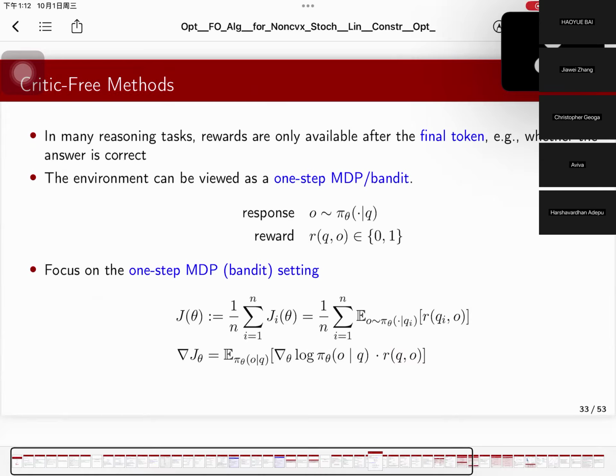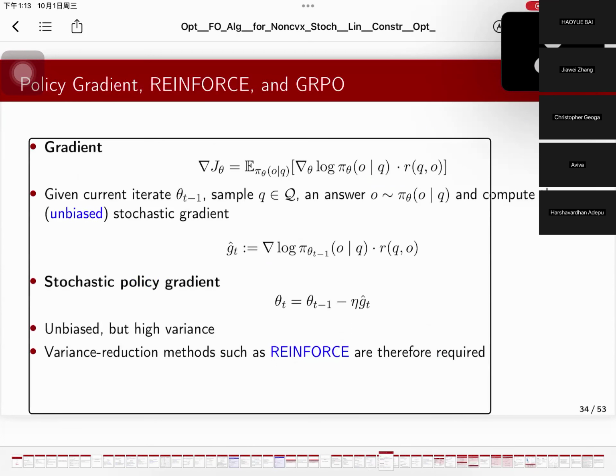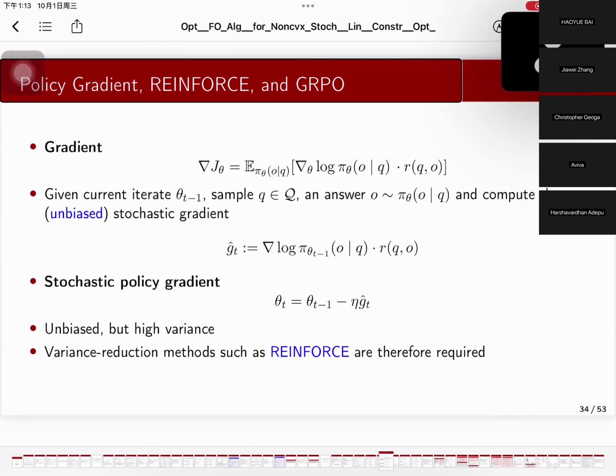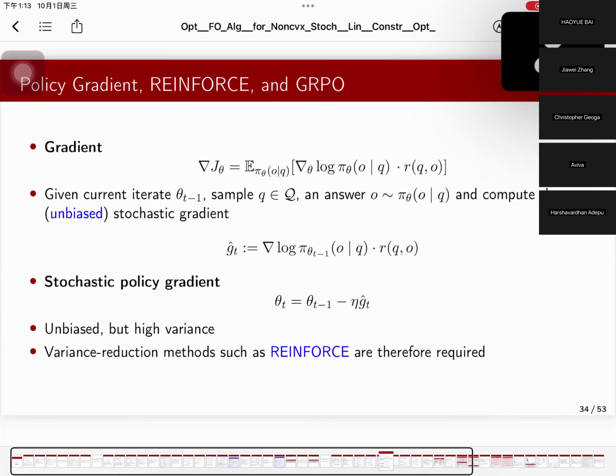Because of this, this MDP can be regarded as a one-step MDP. For simplicity, we just consider one step. The one-step MDP is just the bandit setting. So by one step, you mean you collapse the whole thing? Yeah.